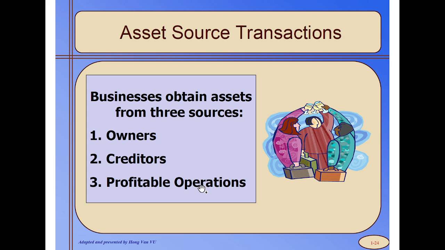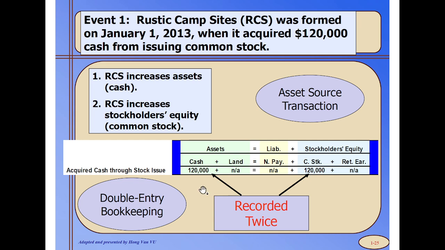And the third one, during the operating activity the company is profitable and can keep the retained earnings to continue to contribute to the company's capital, the owner's capital.